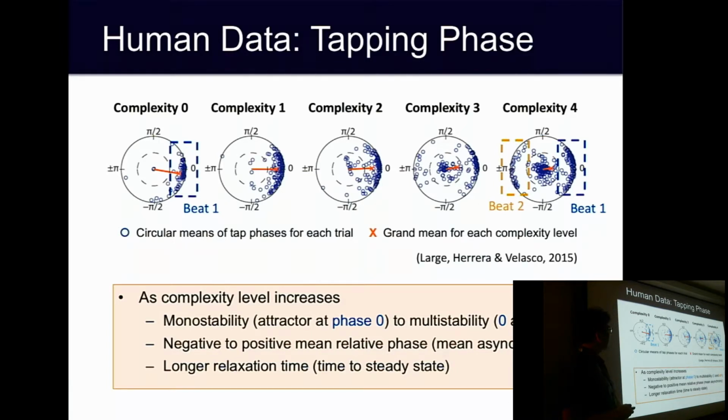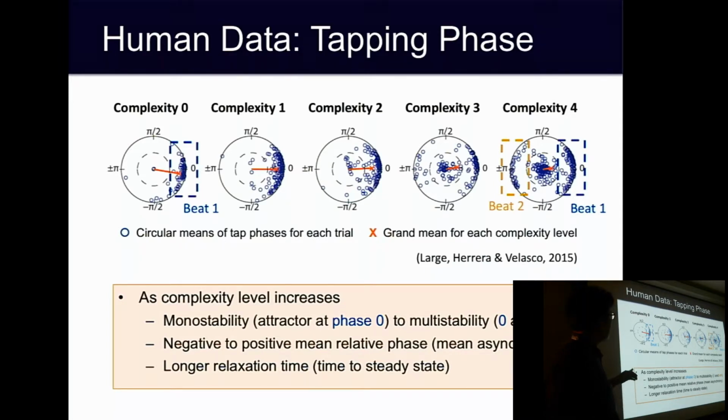To summarize this data, as complexity level increases from left to right, the human response transitions from monostability, mostly just beat 1 response, to both beat 1 and beat 2, and then there are some people who are not able to tap consistently to this beat frequency.